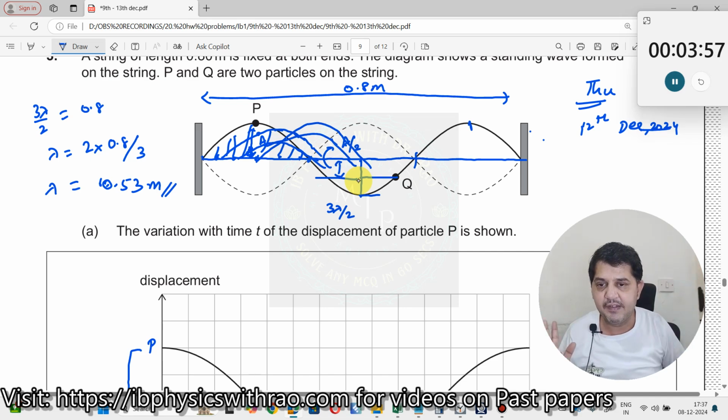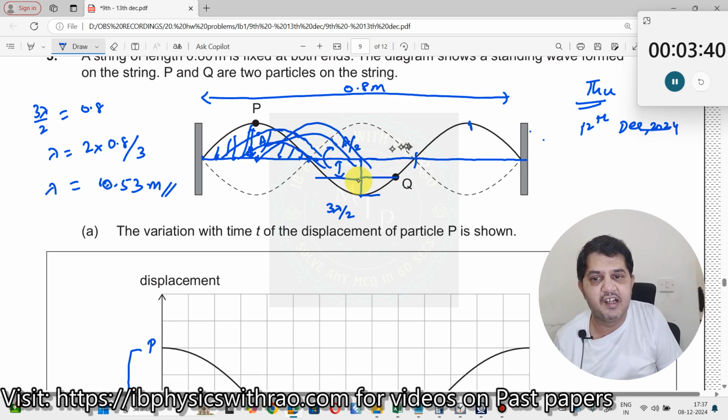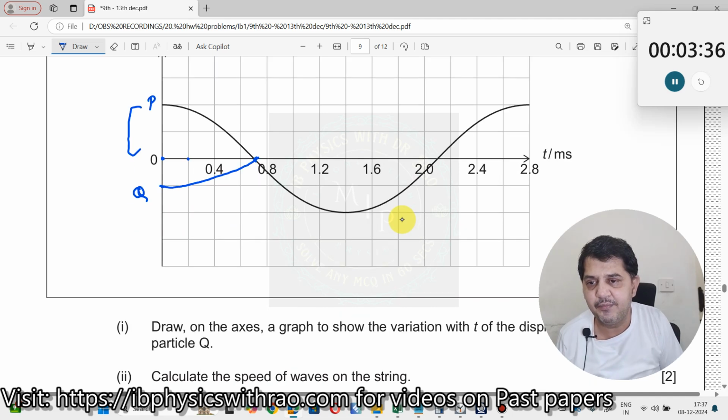So this is how it happens. So therefore, when all the particles are going upwards here, all the particles here are going downwards. Okay, when these particles come upwards, these particles come downwards, and all of them are in the same line. So therefore, when P comes downwards, Q should go upwards, so that when P becomes 0, Q is also 0, right? And hence the instantaneous amplitude becomes 0 over here.